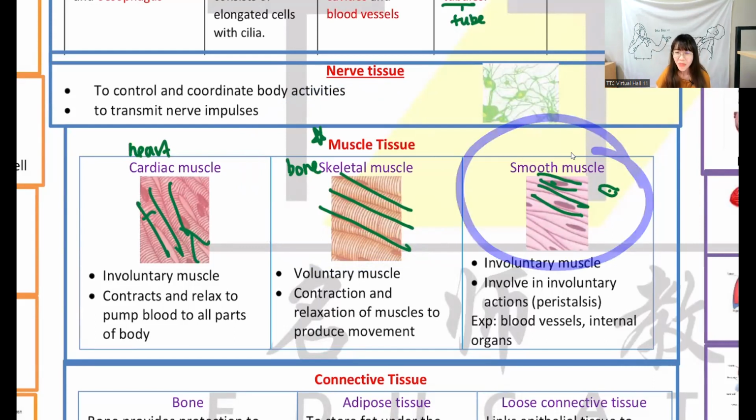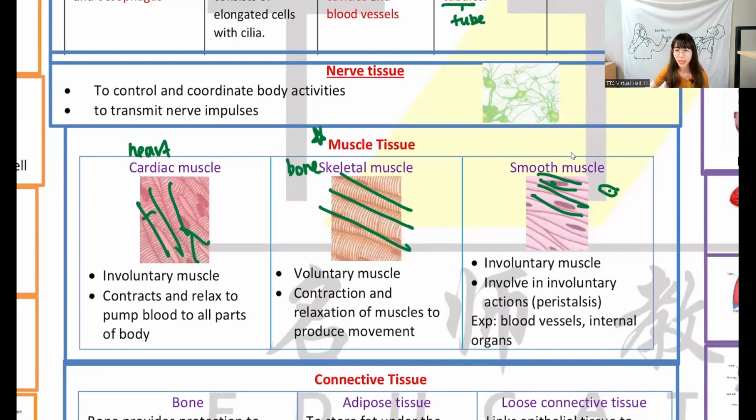Smooth muscle is in the blood vessels and also internal organs. Peristalsis means the digestion of food. Can you control how or when you want to digest your food? Of course not. If you could, you wouldn't need to eat anymore. Today you eat, next week you won't eat again, and everybody gets skinny.